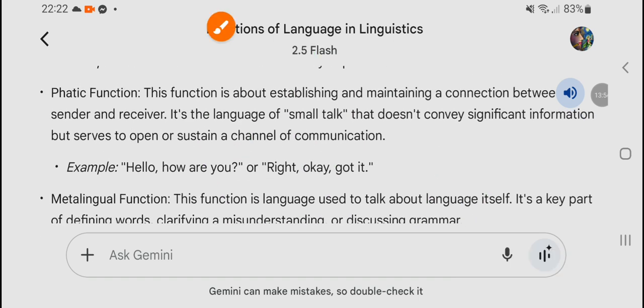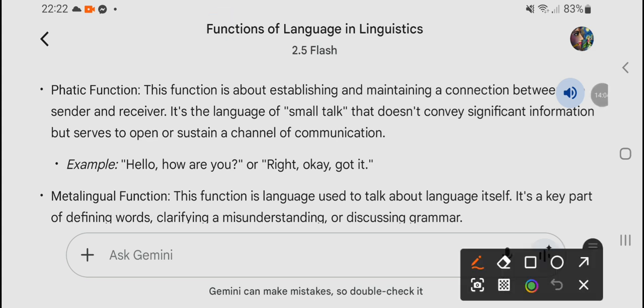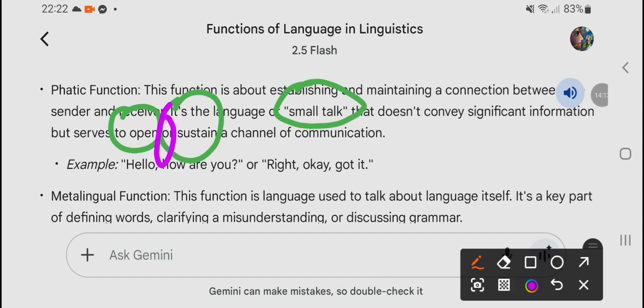So that is phatic. Means it either opens or sustains the channel of communication, with small talk, not much. This is open and this is sustain. Okay, this way. I think you must have got it.